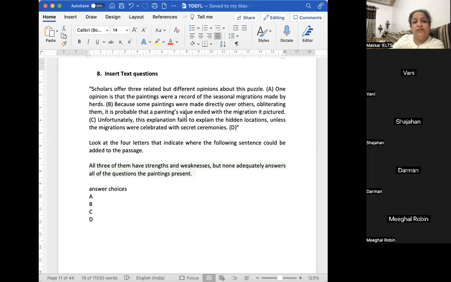After one opinion, all three of them have strengths and weaknesses. Yes, it's only at A, because he says scholars offer three related but different opinions about this puzzle. Then all three of them have strengths and weaknesses, but none adequately answers. Then the sentence about one opinion follows and expands it. So the only place it suits is A.